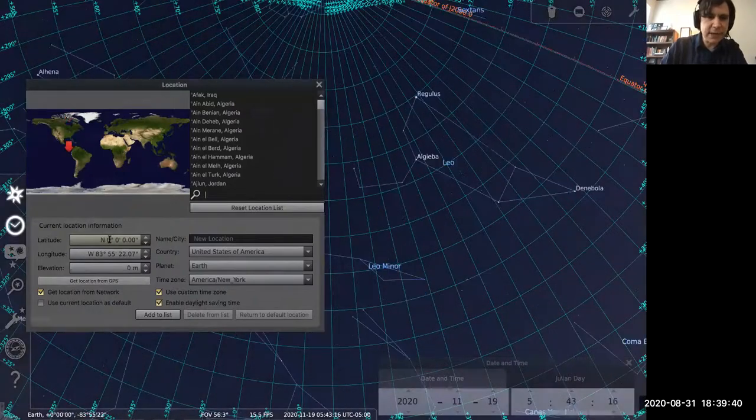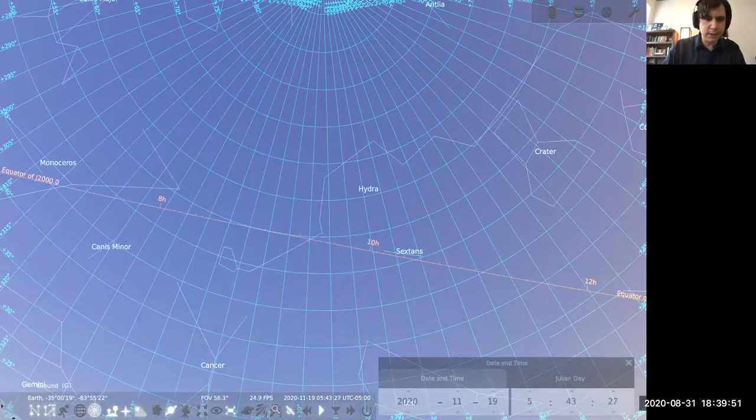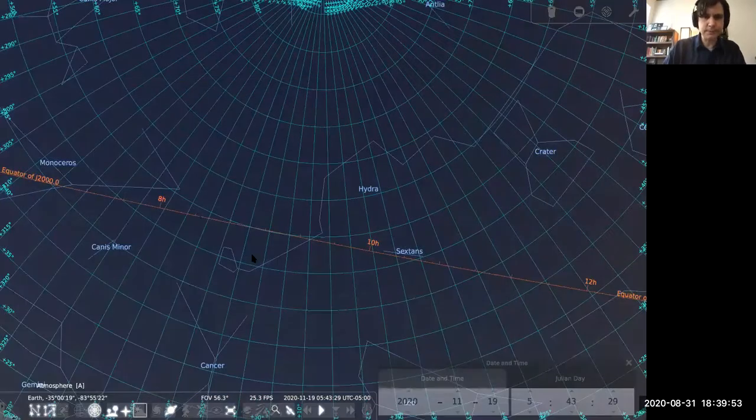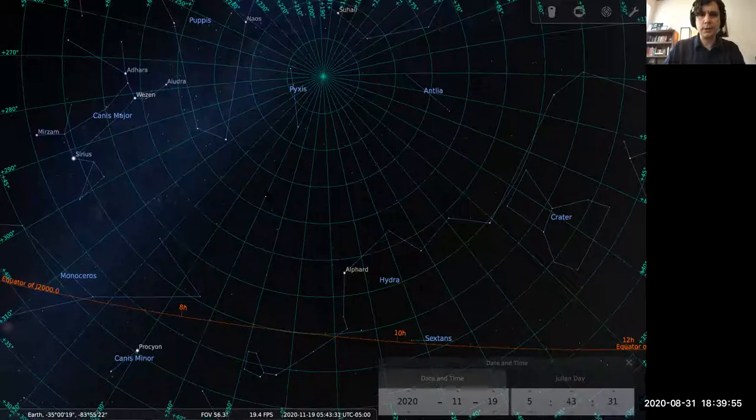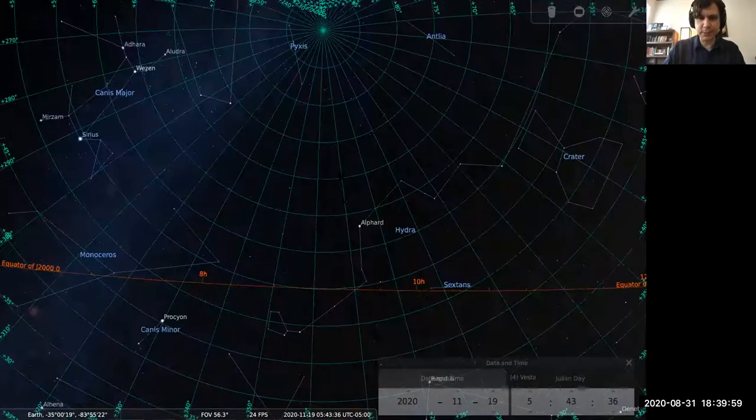I want to move this to the south for us. There we go. So let's move this to 35 south. Let's go ahead and turn off the atmosphere. So now we're looking at the south celestial pole.